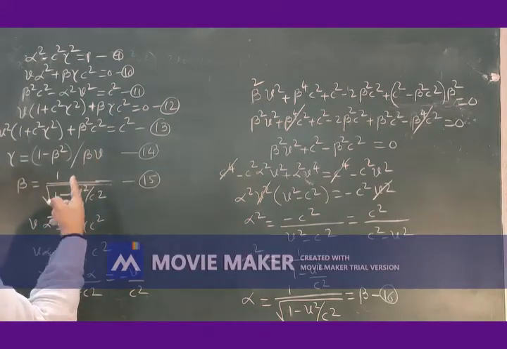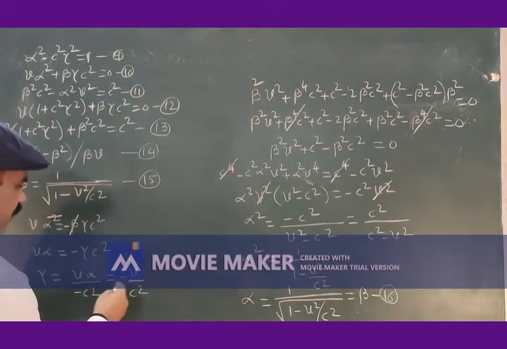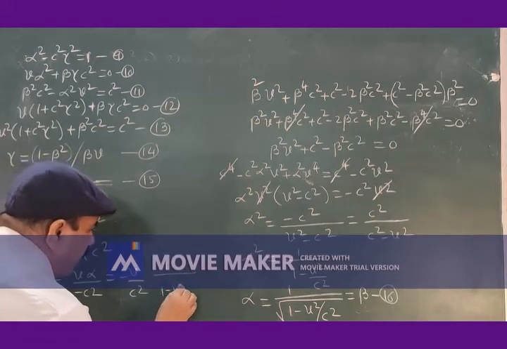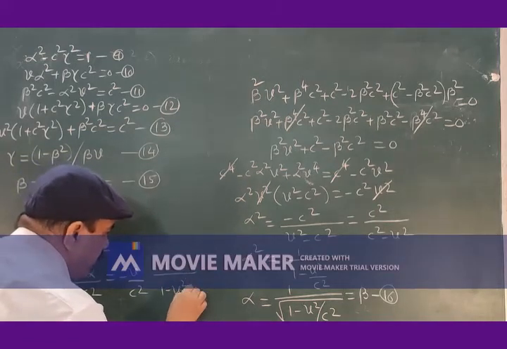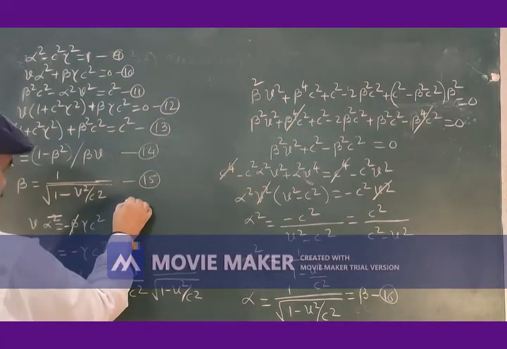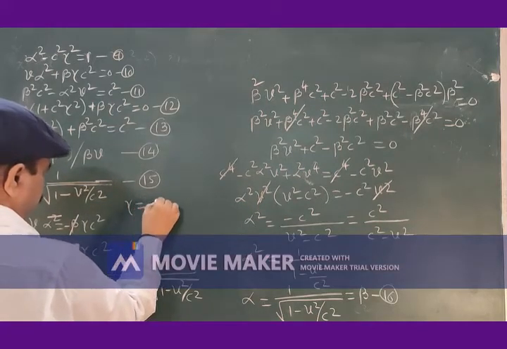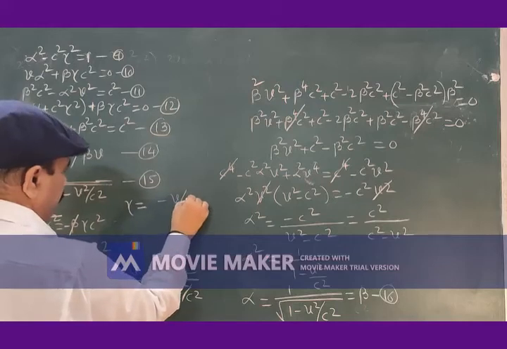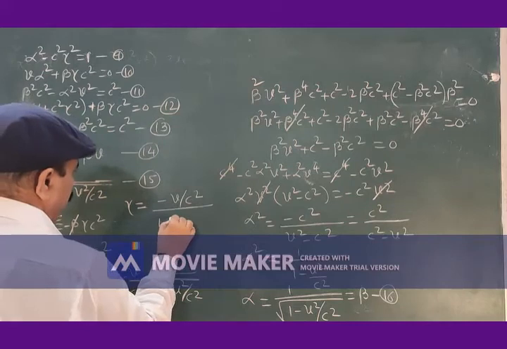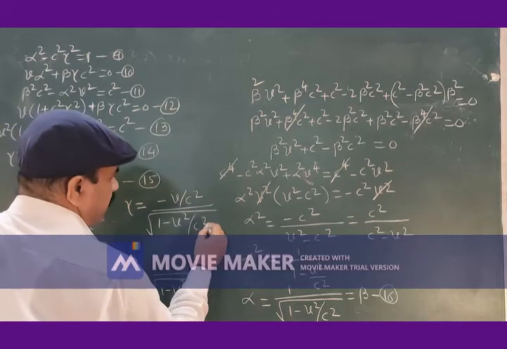From equation 16, alpha is that. So for this alpha, put 1 divided by the square root of 1 minus v square by c square, or gamma is simply minus v divided by c square, whole divided by the square root of 1 minus v square by c square.